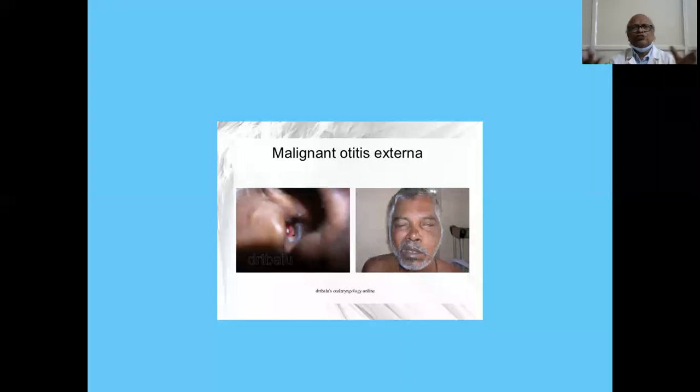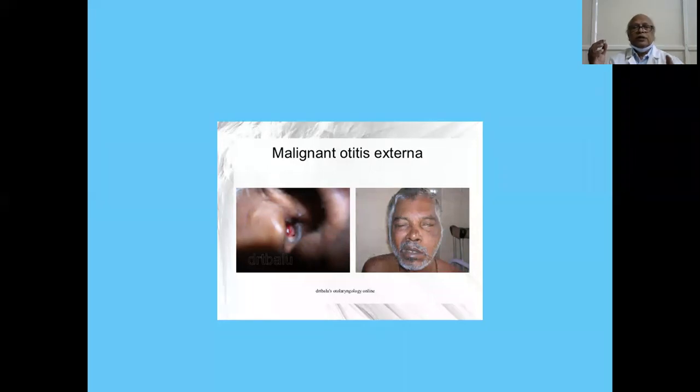Still we continue to use it just because of tradition. The exact word is necrotizing otitis externa. More precisely, it is skull base meningitis, skull base osteomyelitis.